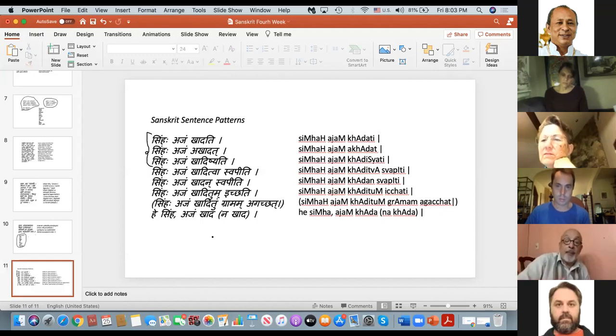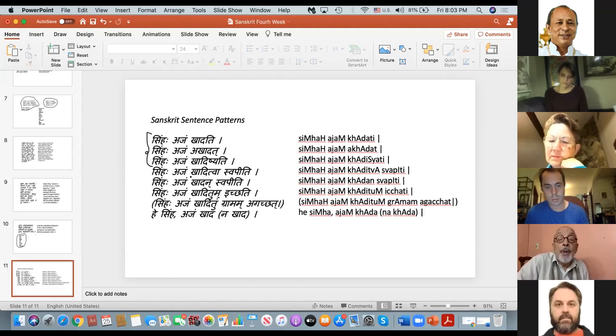That is a different thing. But there is another different sentence pattern like Simha ajam khaditva swapiti. Simha ajam khaditva, kind of thing. Dishtva, shrutva, gatva, khaditva.